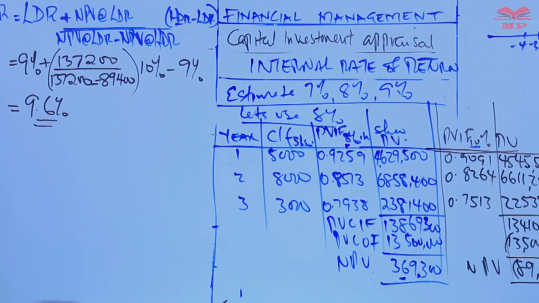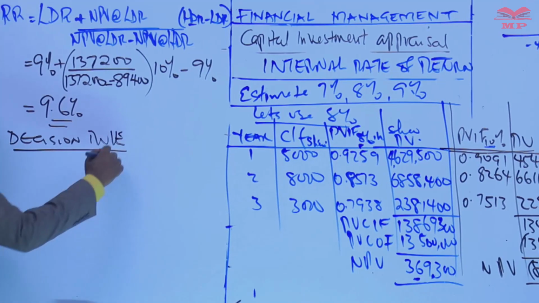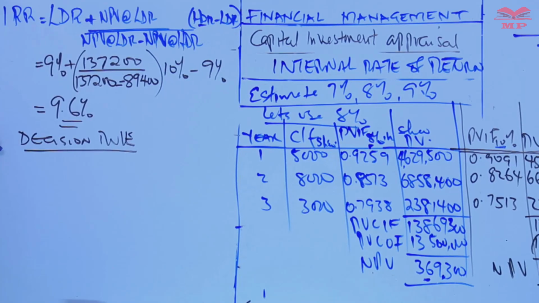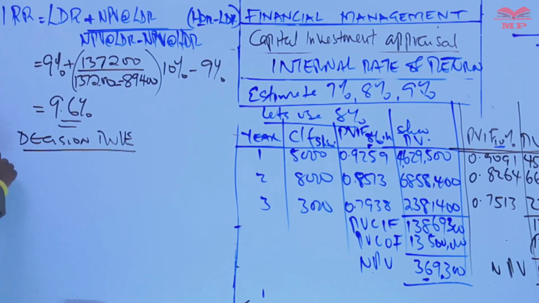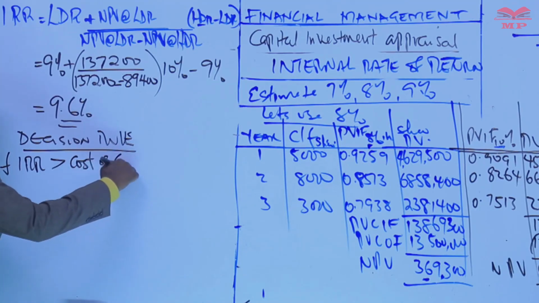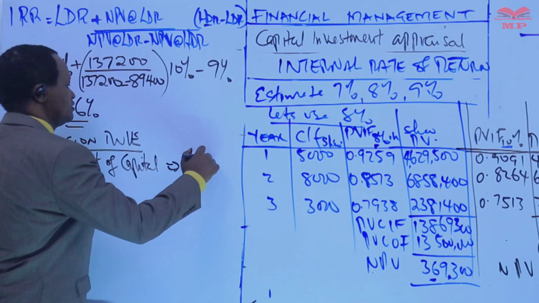So what is the decision rule for IRR? For IRR, we compare the IRR with the cost of capital. Cost of capital is the hurdle rate. If IRR is greater than cost of capital, you accept.